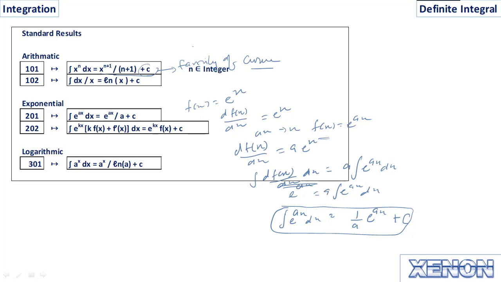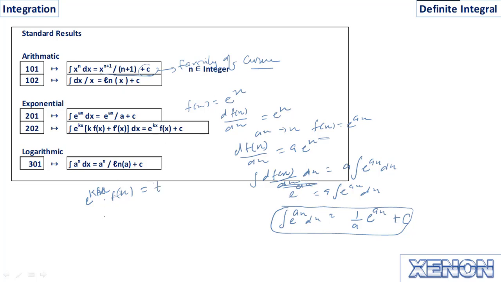Similarly, integration of e to the power kx [k f(x) plus f dash x] dx equals e to the power kx f(x) plus c. How? We will substitute e to the power kx into f of x equals t.